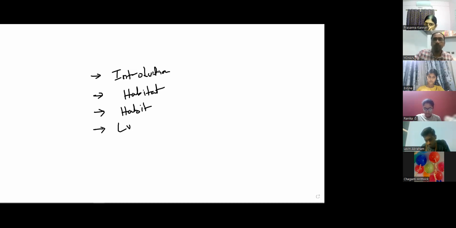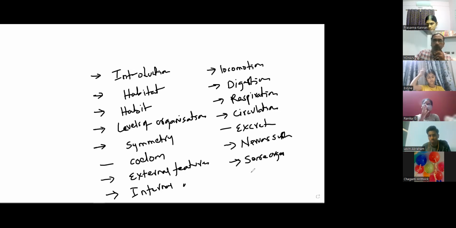And then physiology. In physiology, generally we'll discuss points like locomotion, digestion, respiration, circulation, excretion, nervous system, sense organs, reproduction, and development.